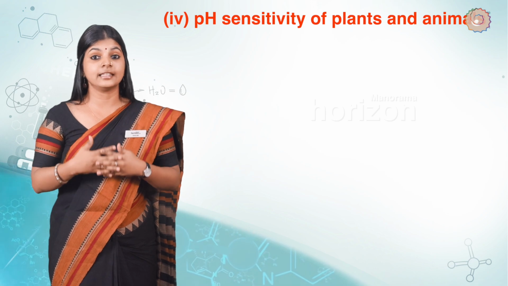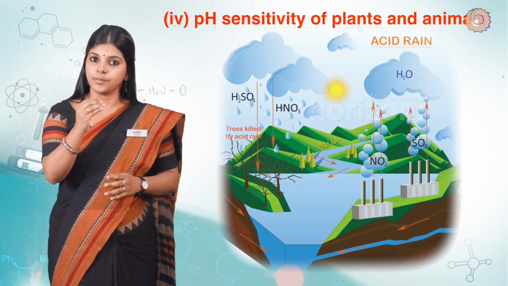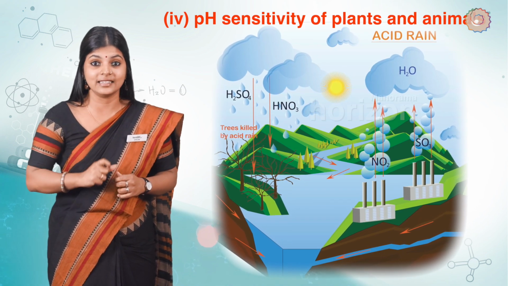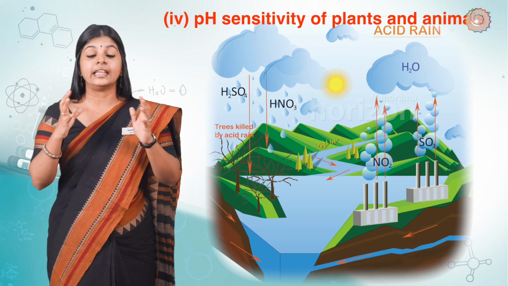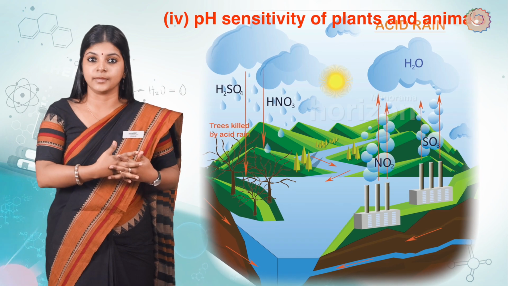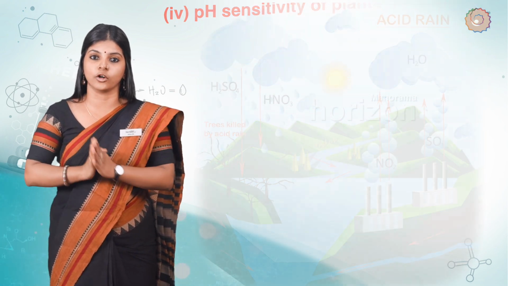Living organisms can survive only in a narrow pH change. And when the pH of rainwater falls below 5.6, it is called acid rain. What will happen if acid rain falls into river water? It will affect the survival of aquatic plants and animals. So it is very important to maintain the pH of water.